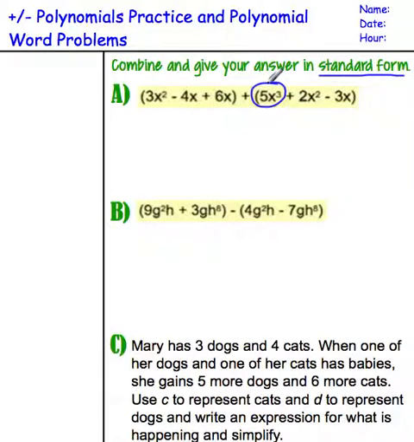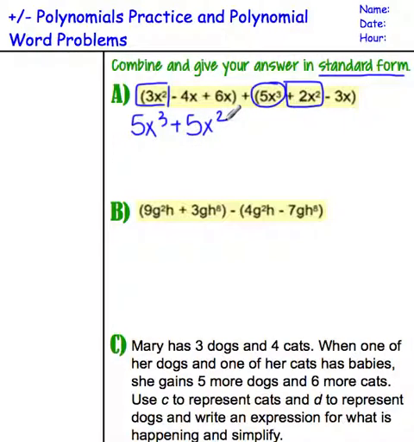As I look, there's nothing else that has an x to the third power, so I'm simply going to bring that down. Then I look for x squareds, and I have a 3x squared and a plus 2x squared. 3 plus 2 is 5, so I have plus 5x squared.